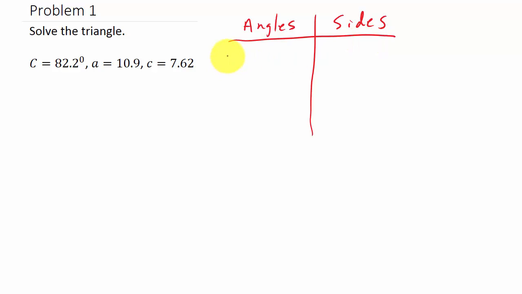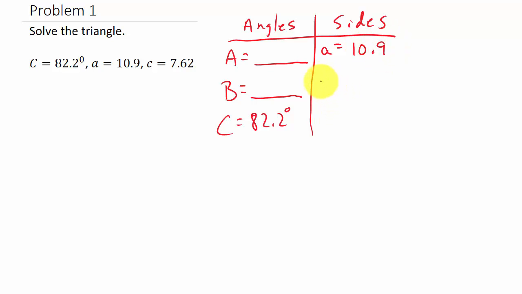Angle A, we don't know what that is. Angle B, don't know. Angle C is 82.2 degrees. Side A is 10.9. Side B, we don't know. And side C is 7.62.